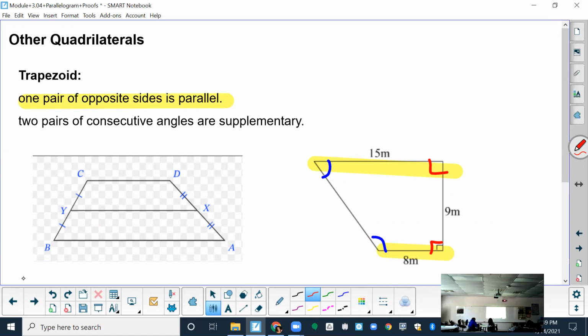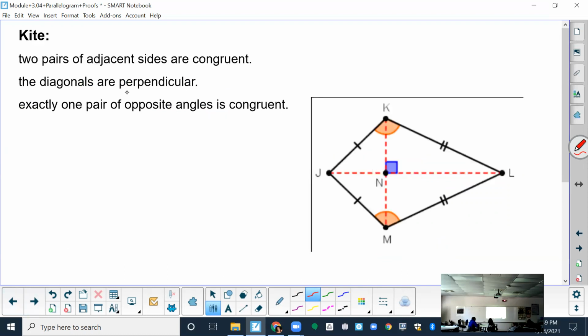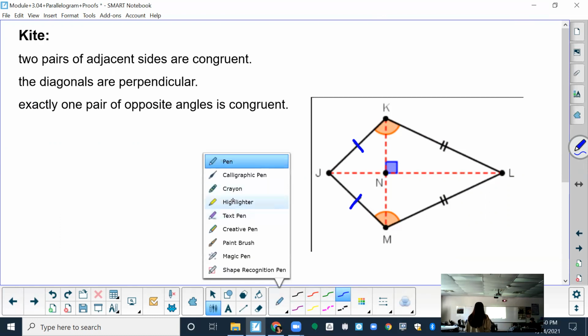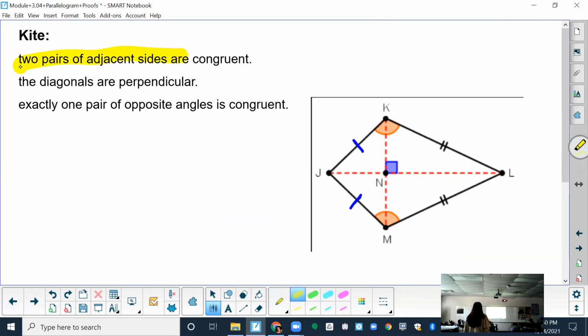One more. We have a kite, which has two pairs of adjacent sides being congruent. In rectangles, it's the opposite sides that are congruent to each other. Now it's the sides that are next to each other that are congruent. The diagonals are perpendicular. And exactly one pair of opposite angles are congruent, like these ones in the picture.